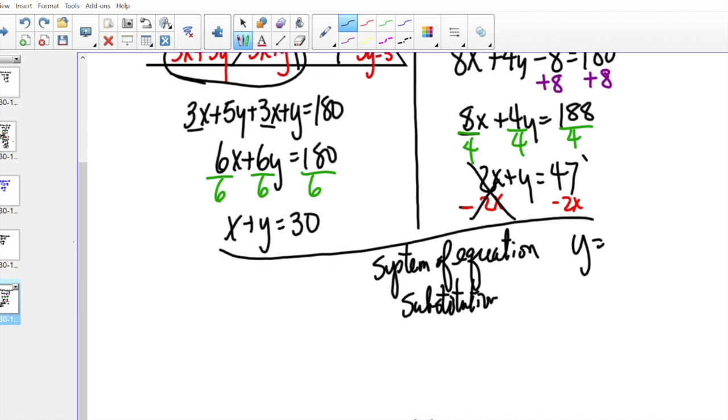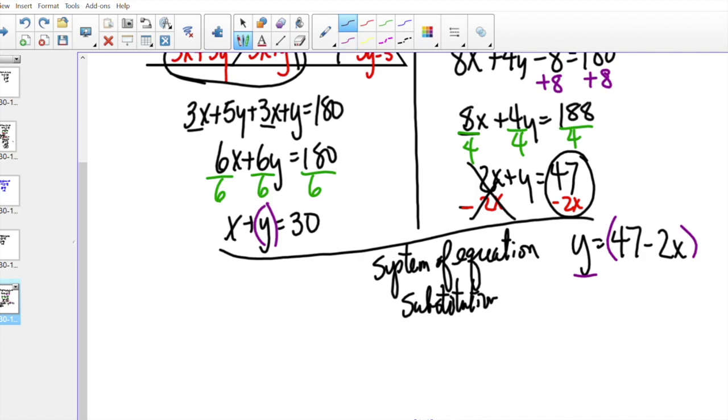Now, how do you combine 47 and a minus 2x? 47 minus 2x. Now, substitution. What we're going to do is come over here where you have the other y in the other equation and replace that y with what this y equals. So let's go.